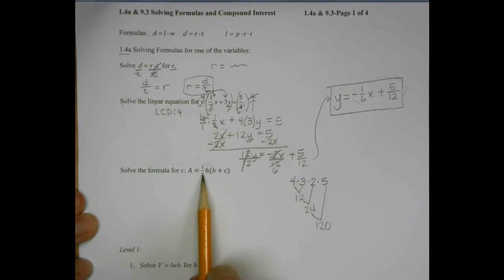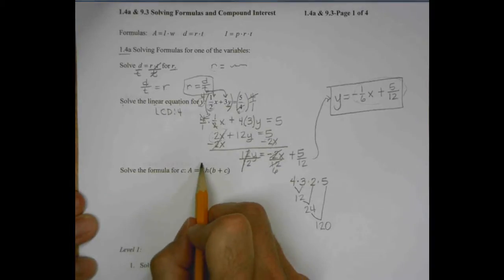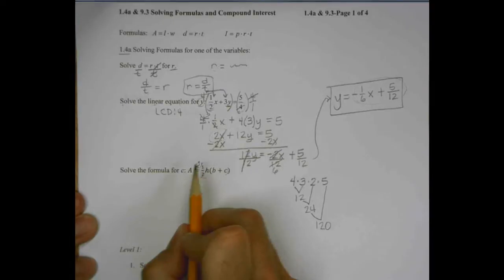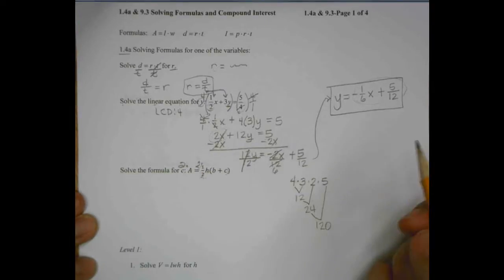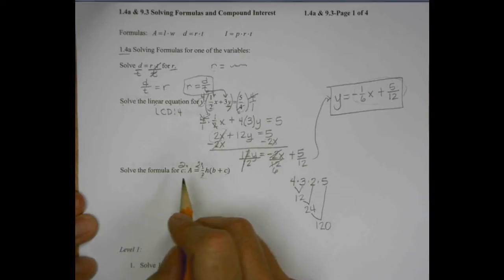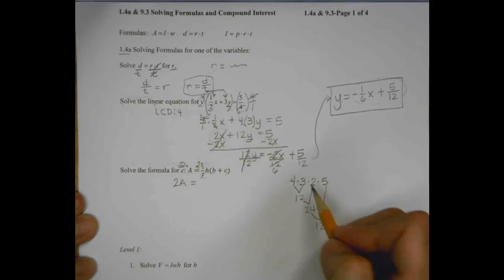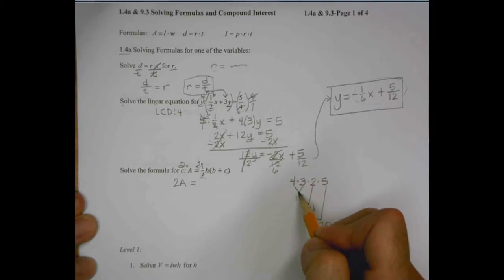Now, applying that to this problem, I have a 1/2 and I'd really love to clear my fraction, and I know because I have a denominator of 2 that I can multiply both sides of this equation by a 2. So I'm multiplying both sides of the equation by the same number. On the left, I just end up with a 2a. On the right, I'm going to choose, like I chose over here, which two to multiply together first.